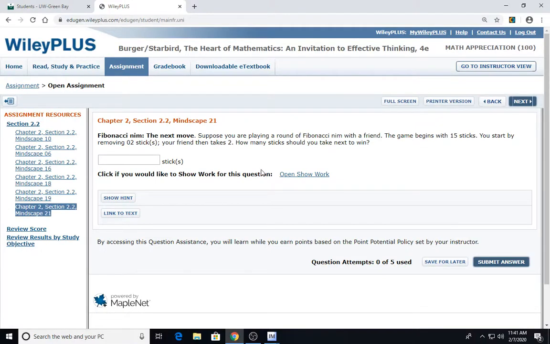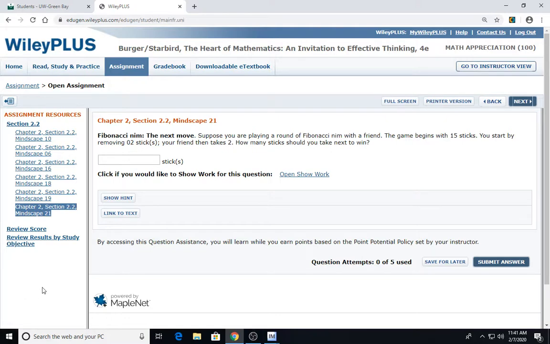We have people playing Fibonacci Nim, and we have a couple of moves already played. So we're going to follow that through. You probably start with a different number of sticks on your problem. They're all a little different. Well, most of them are a little different. Mine starts out with 15 sticks, and I start by taking 2 sticks, and then the friend takes 2 sticks.